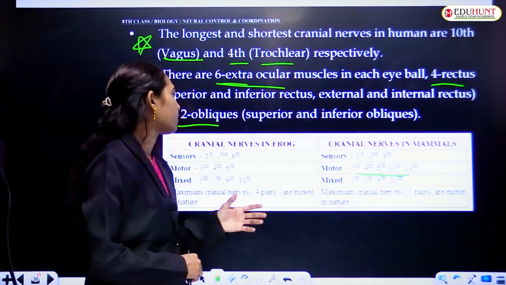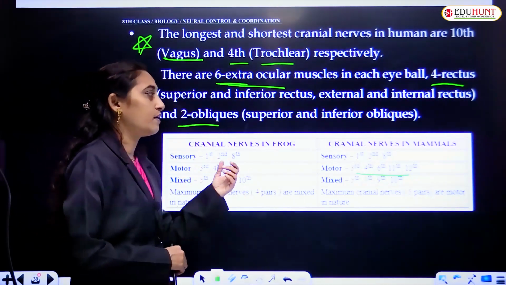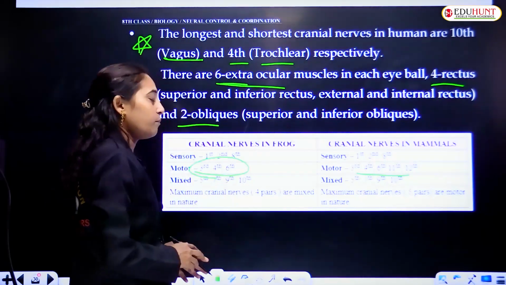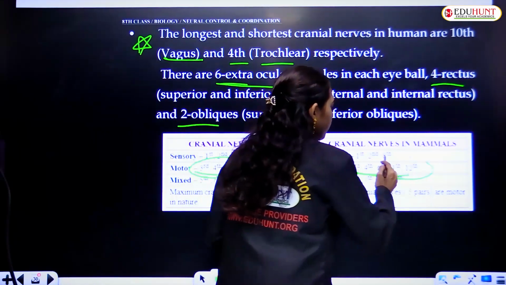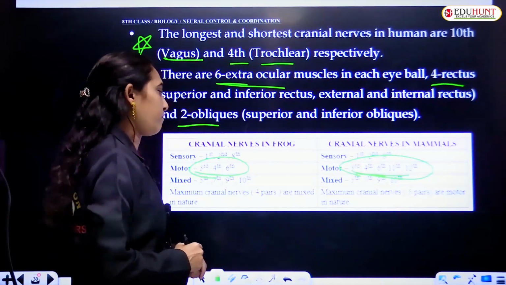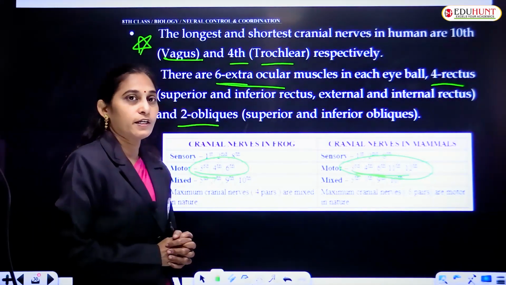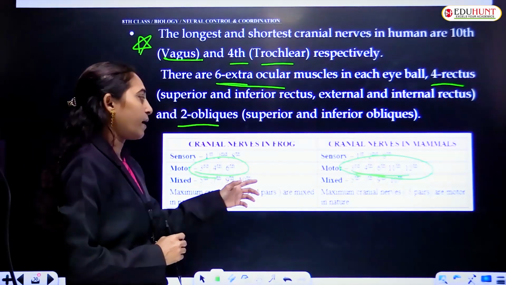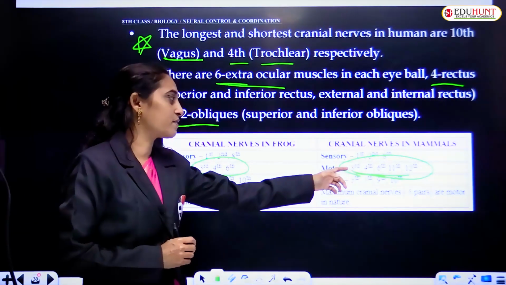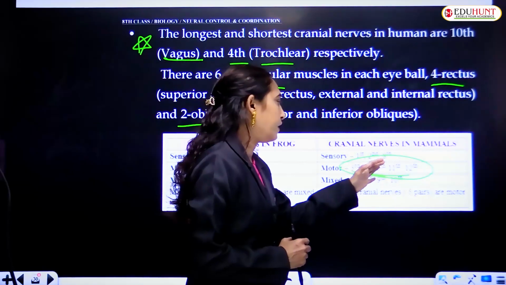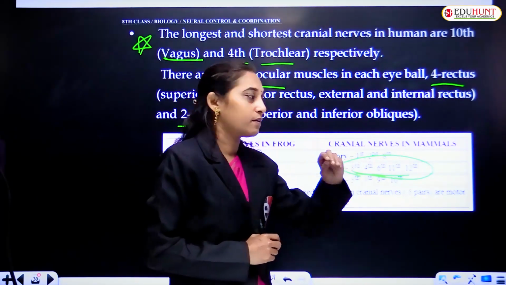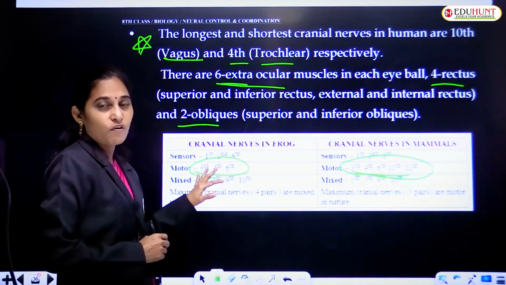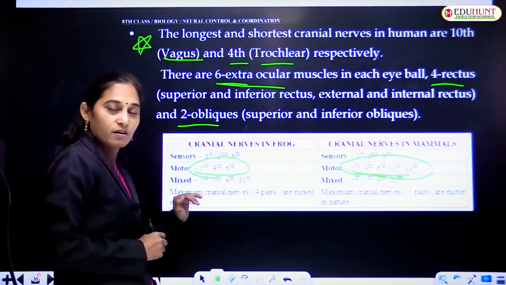The difference between frog cranial nerves and mammal cranial nerves is in the motor nerves. In frog there are 3 motor nerves, but in mammal there are 5. In frog, the motor nerves are 3 pairs but the mixed nerves are 4 pairs, while in mammals the motor nerves are 5 pairs and the mixed nerves are only 4 pairs.